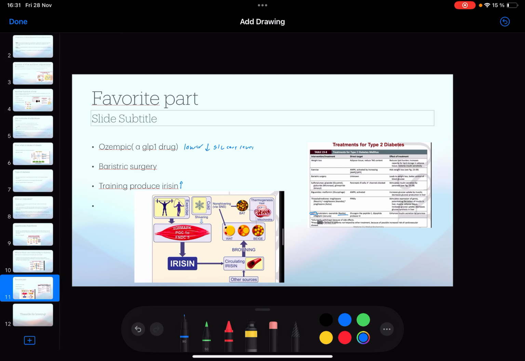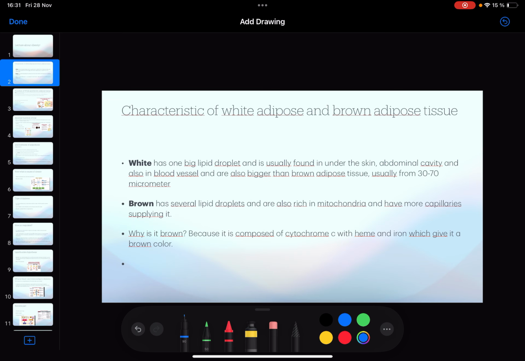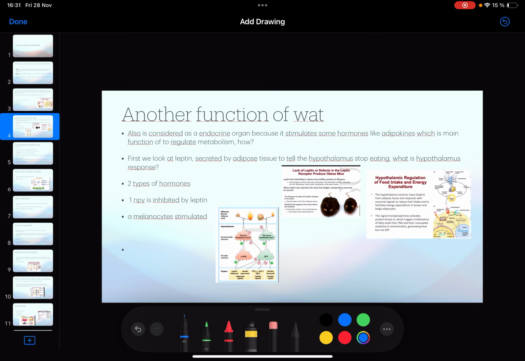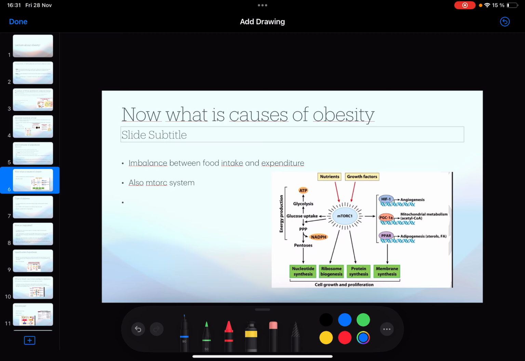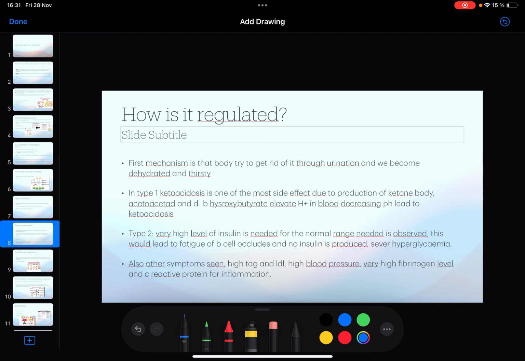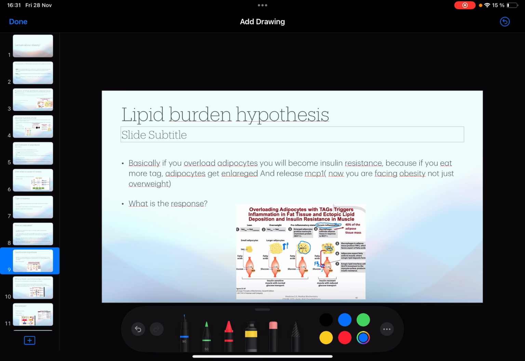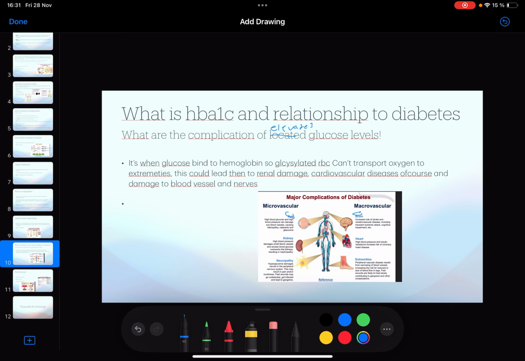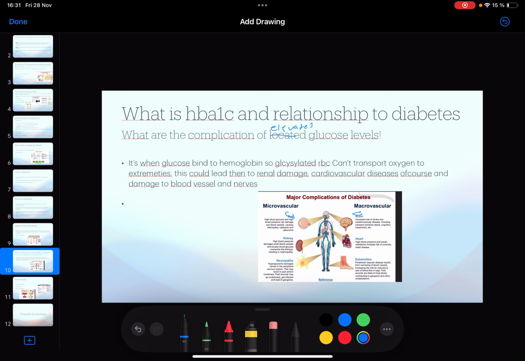This is everything that I wanted to talk about today. I hope this lecture about obesity made obesity more clear for you guys. And also we talked about the hormones, and I talked about types of diabetes and the relation between them, and basically this lipid burden hypothesis, and the relationship of HbA1c to diabetes.